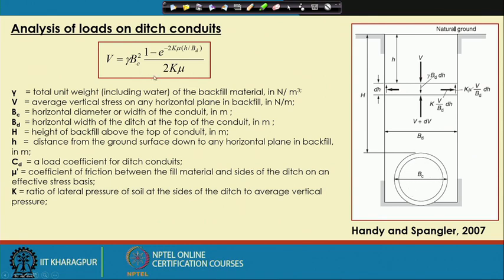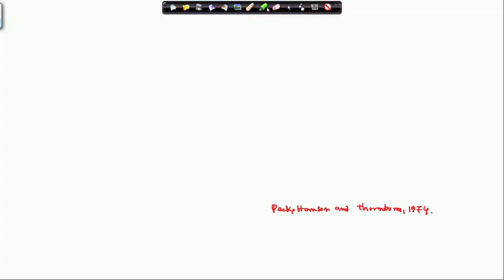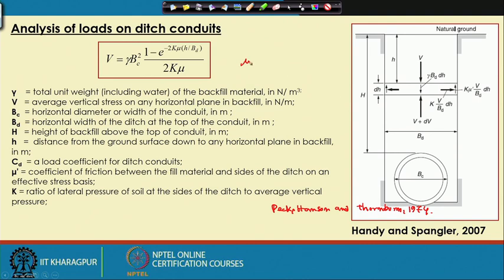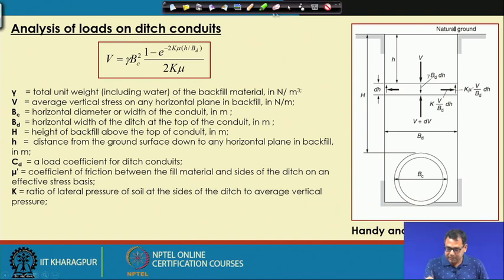The same expression that I developed is used, where the value is mu, and mu is nothing but tan phi. K is again the ratio of the lateral earth pressure at the side of the ditch to the average vertical pressure, and Bc is the horizontal diameter of the conduit.